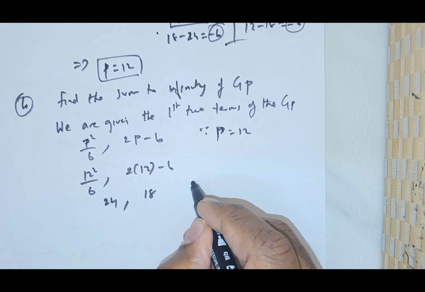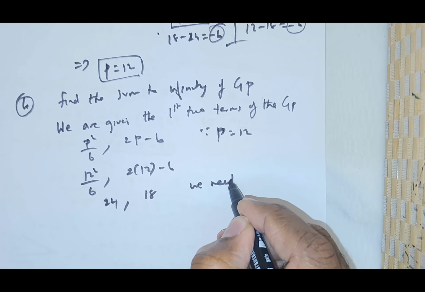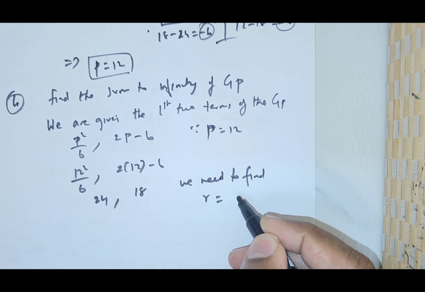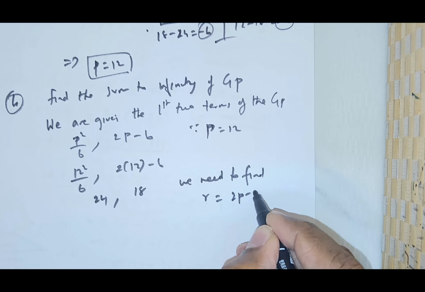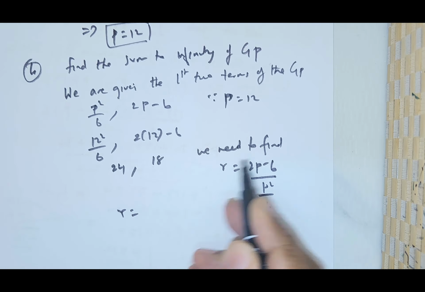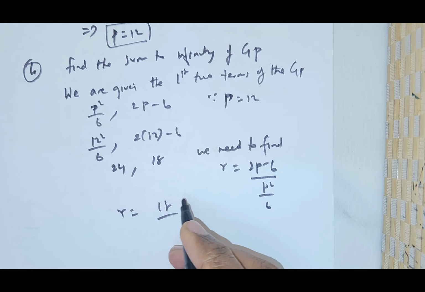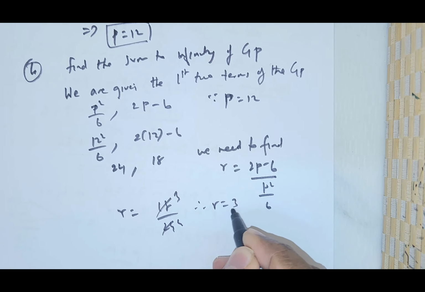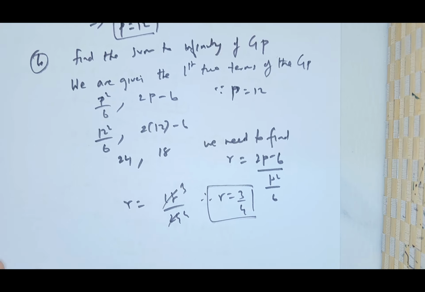Now to get the common ratio, we need to find r. So r is 2p − 6 divided by p squared over 6. This is 18 and this is 24. So 6 3s are 18, 6 4s are 24, therefore r is equal to 3 over 4.